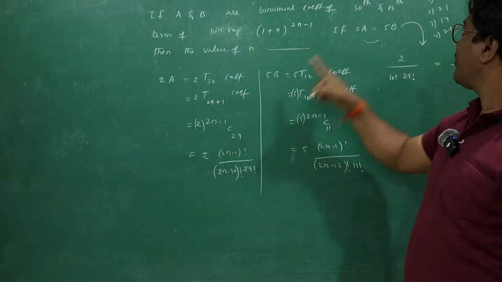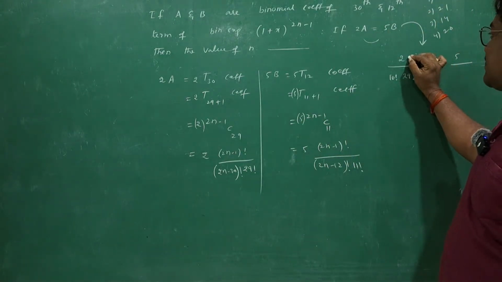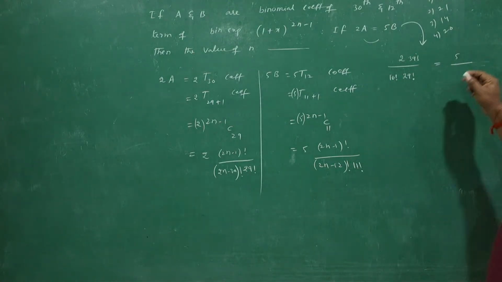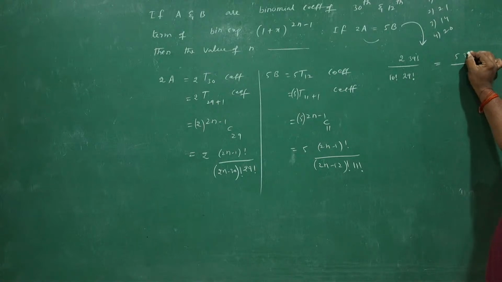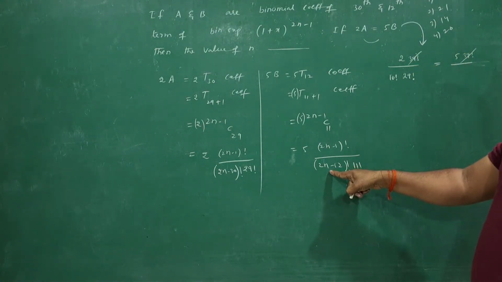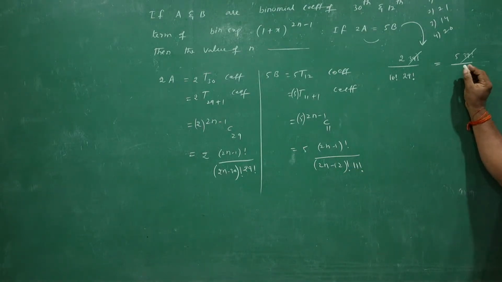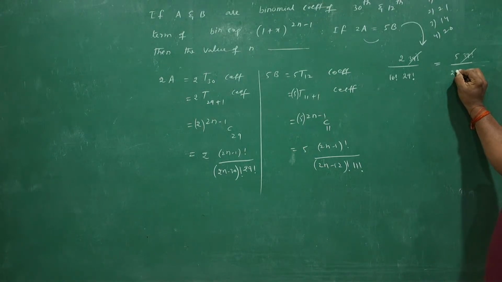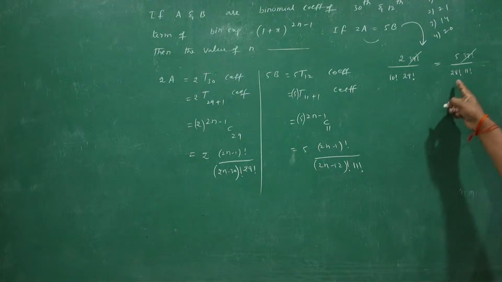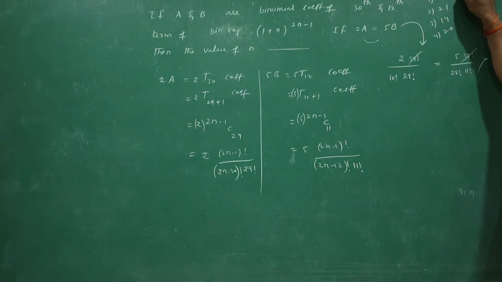Next n value, if you replace 20, 20 into 2, 40 minus 1, that is 39 factorial. Here it is 39 factorial, here 39 factorial already gets cancelled, and here when you write n value 20, 40 minus 12, that is 28 factorial and then 11 factorial, right? Are they equal? No.